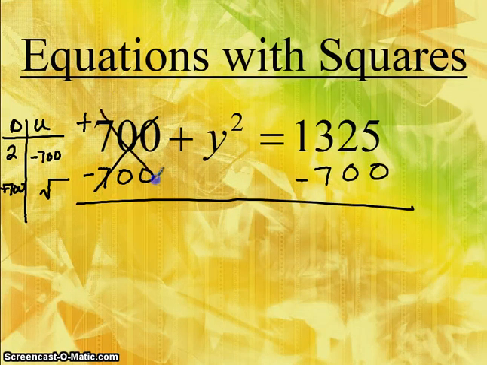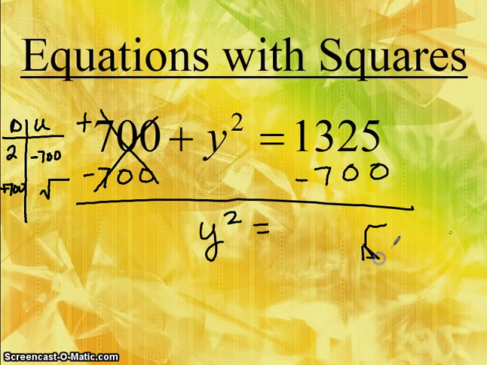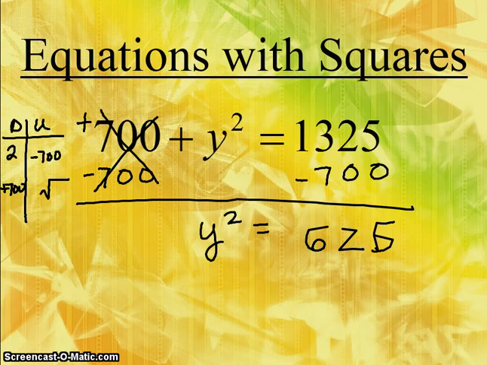700 minus 700 is 0, so we get y squared equals 625.